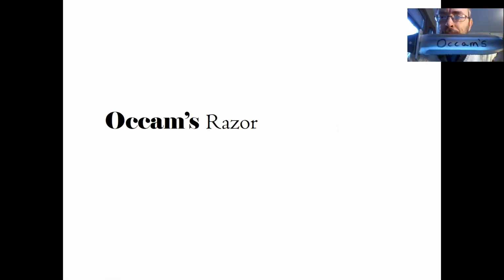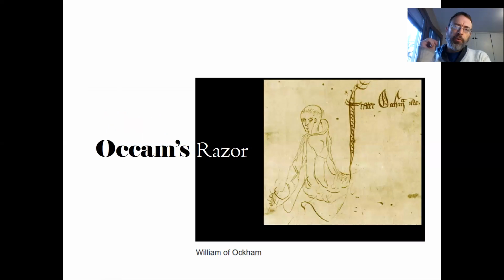Here it is. We're going to use this to carve away extraneous variables out of the model and come up with the simplest and strongest version. This comes from Occam, William of Occam. This is an image of him. He's a spectral character.